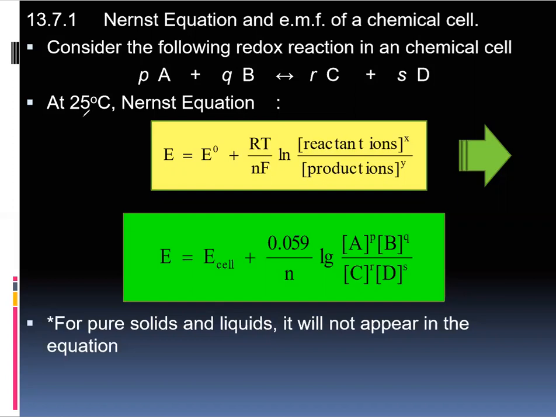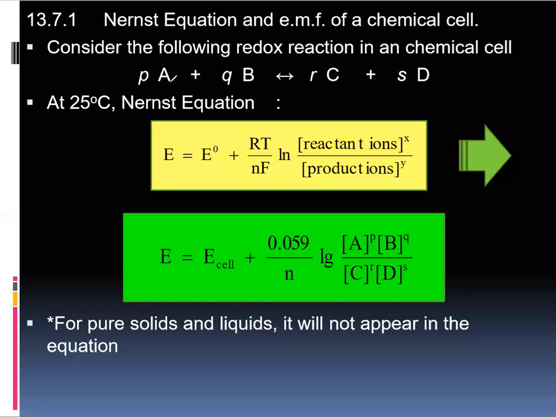At 25 degrees Celsius, meaning at room temperature, the Nernst equation would be given by this, which is the formula I've shown you before: E naught plus RT over nF, ln of the concentration of the reactant ions raised to the power of their number of moles all over the product ions raised to the power of their number of moles.